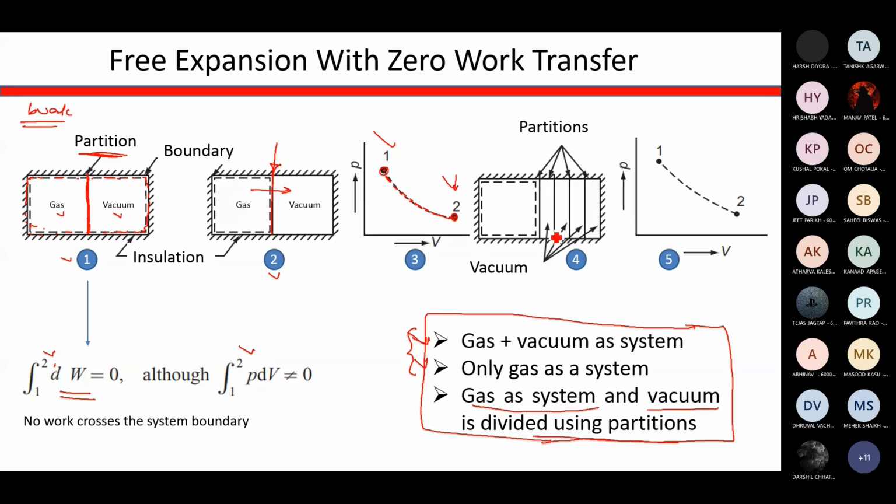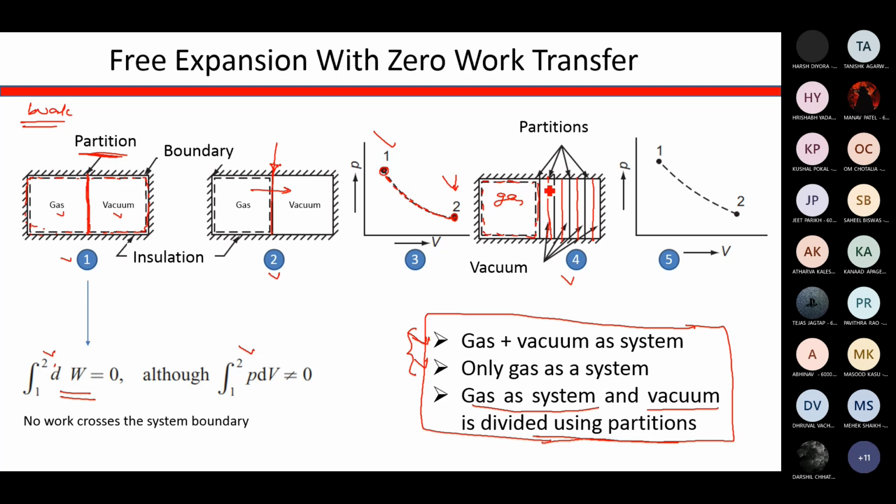So look at this diagram, diagram 4. We have this gas as a system similar to this. Now what is done here is this vacuum is divided into small partitions like this. Now this is exactly similar to what we studied in the quasi-static process, where we took out the weights one by one from that piston cylinder experiment, right?